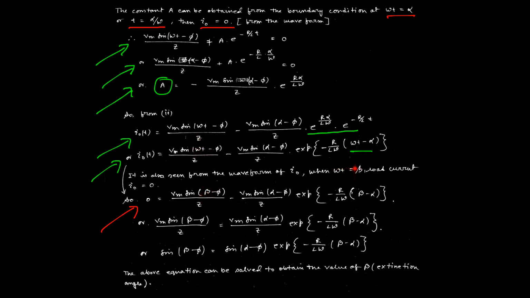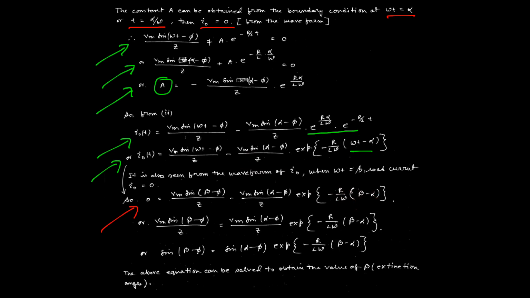As we assume omega t equal to beta, then I0 equal to 0, that means 0 equal to Vm sin (beta minus alpha) by z minus Vm sin (alpha minus phi) by z, similarly the exponential of minus r by L omega into (beta minus alpha).